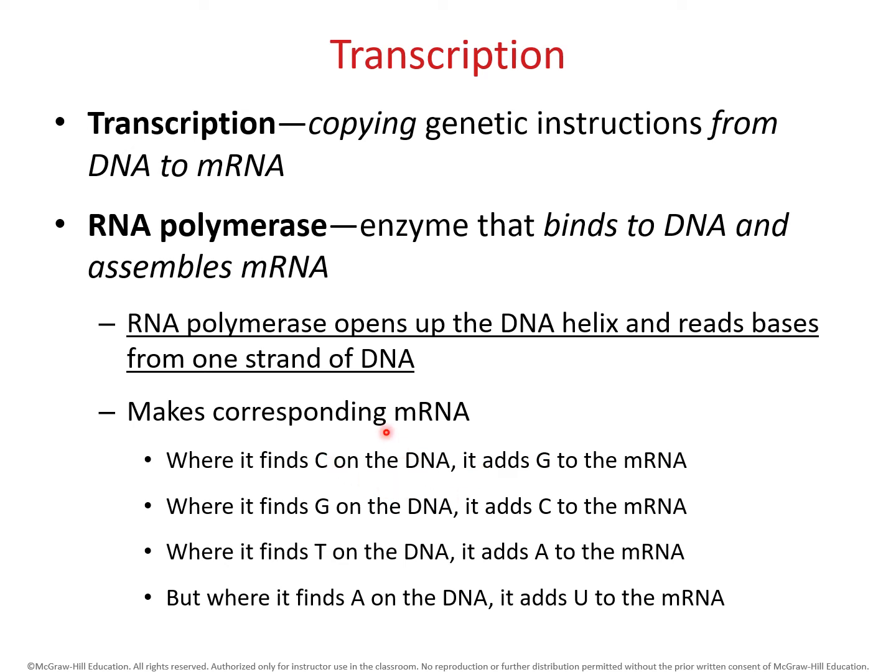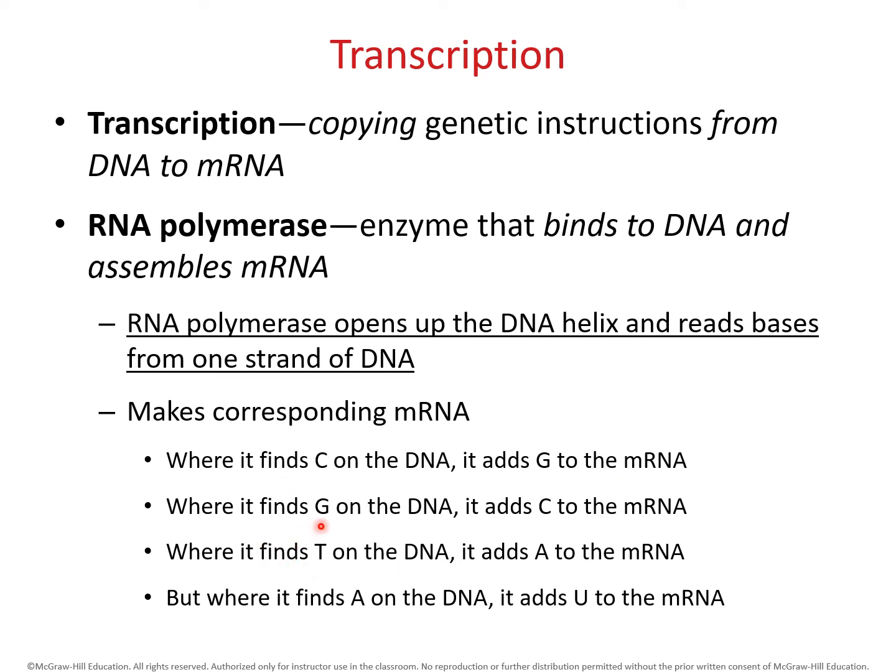We're just going to see how our nitrogenous bases pair up in a specific way. In this case, we're having RNA polymerase add a new nitrogenous base to the new mRNA strand, which is close by.